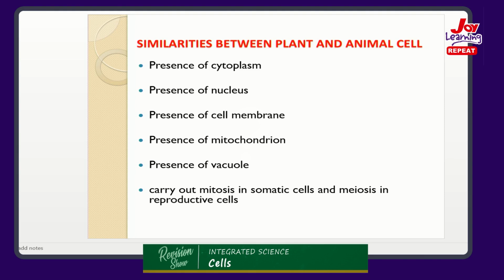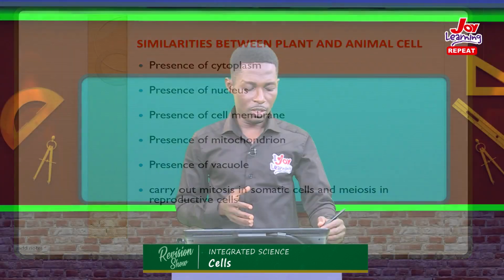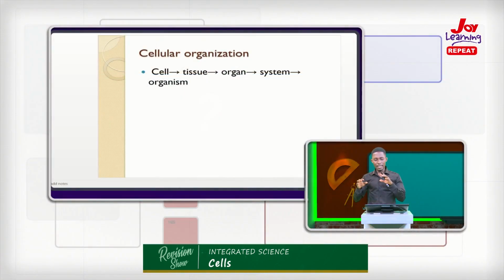So this actually ends the first section of our topic today. The second section looks at cellular organization. The cell you just studied will be arranged in different forms in different organisms in different ways. So we will use human beings and plants as our organisms to study.